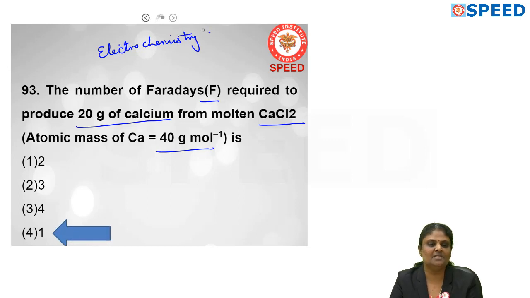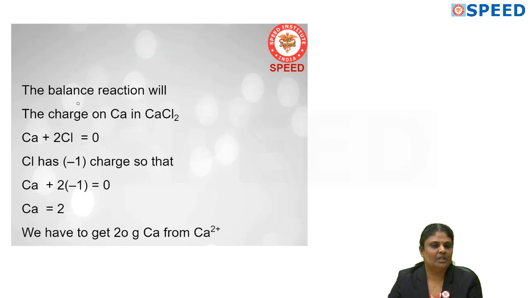Okay, so the answer is 1 Faraday. So the balanced reaction: this is the charge on calcium in calcium chloride. So here calcium is 1 and chlorine is 2. So Ca plus 2Cl is equal to 0.